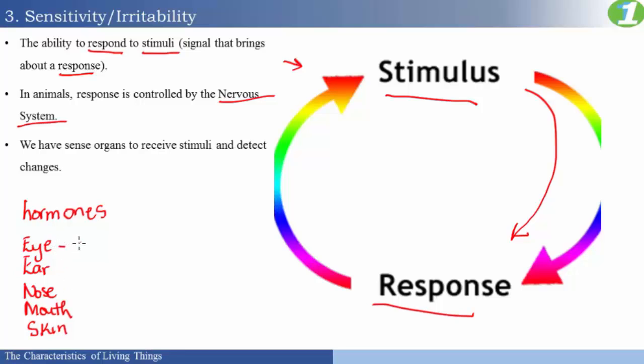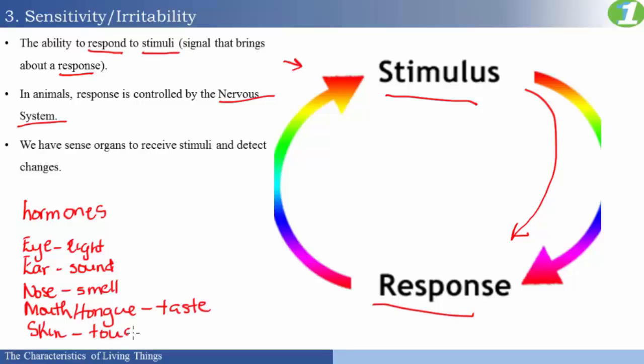The eye detects light, the ear detects sound, the nose detects smell, the mouth, specifically the tongue, detects taste or different flavors, and the skin detects touch.